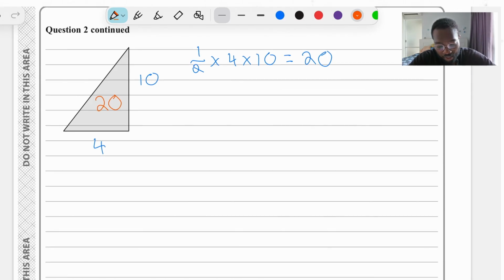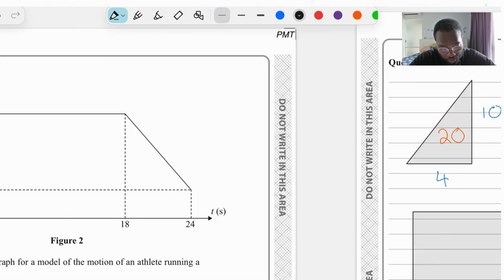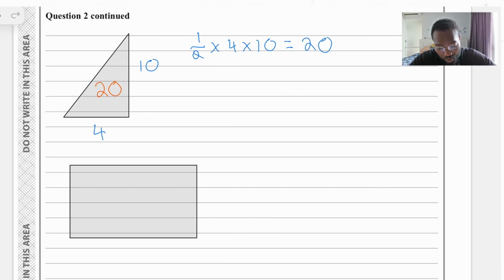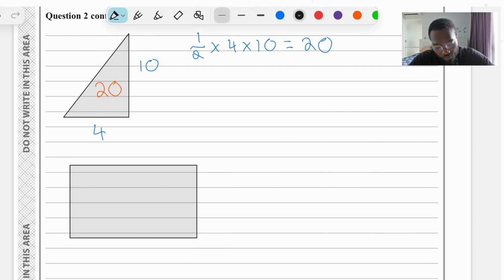Now if we want to work out the area of the rectangle, let's just scroll back. We know this can be 14 units across, because it's between 4 and 18, that's 14 units across, and it will still be 10 units up. So for this rectangle, it's 14 across, 10 up.